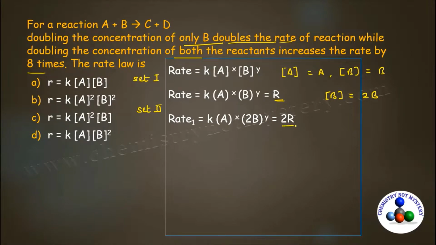Because in the question it is given on doubling the concentration of only B doubles the rate. Means rate for set 2 will be double of the rate of set 1.